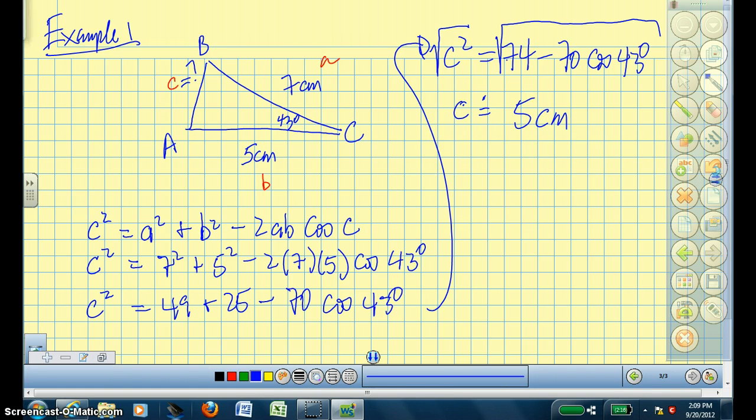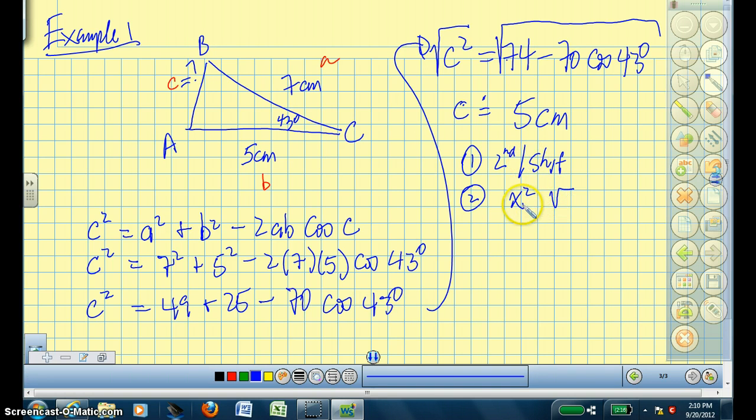There appear to be some issues with calculators. So if you have one of those calculators where you can enter things as you go, some of the more modern calculators that do that, you would hit second or shift. Then you would hit your x squared key so that you can get the square root.